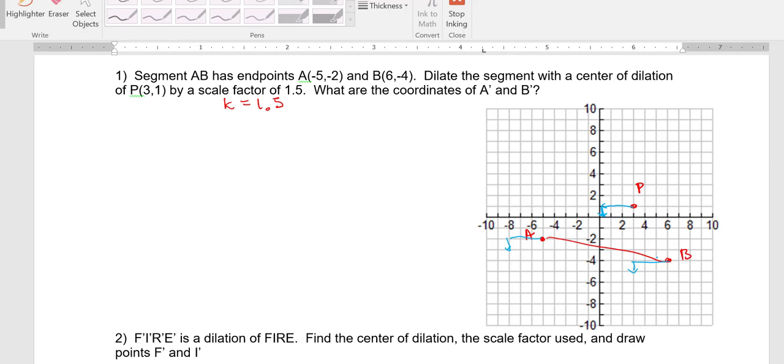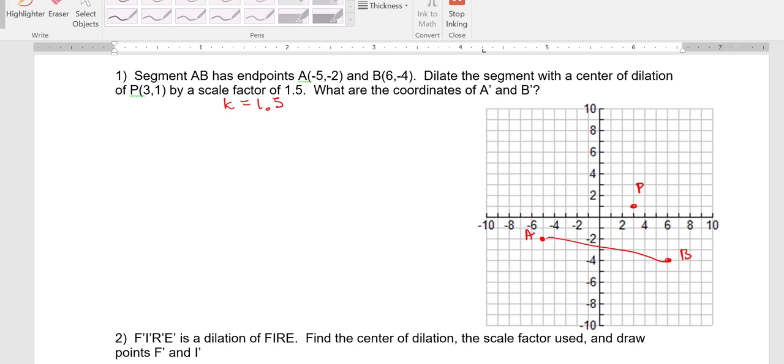Then from there I'm just going to multiply everything by the scale factor 1.5. And don't forget that when you get to the end, you have to move everything back up 1 and to the right 3. I'm going to try this problem without doing that though. I'm just going to move it using the scale factor that's given there.